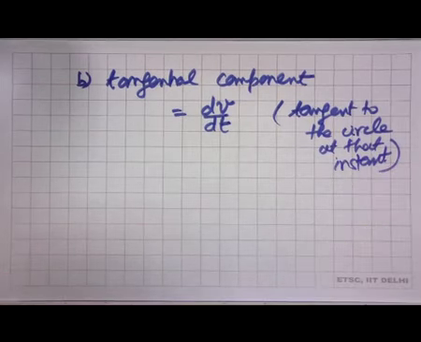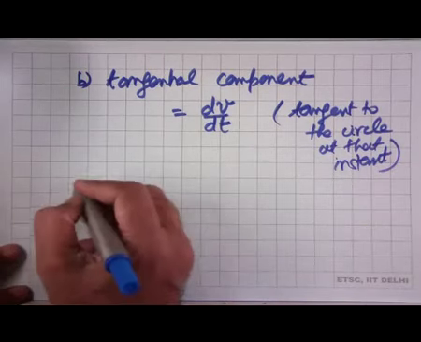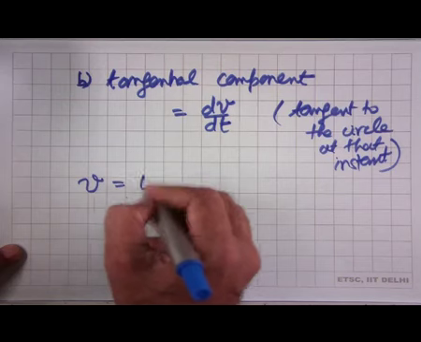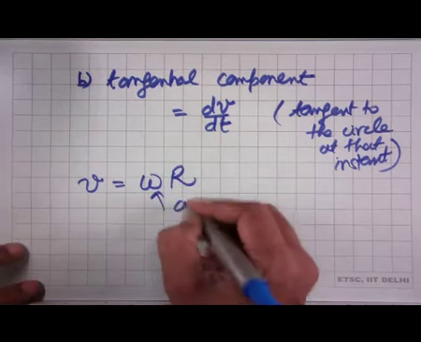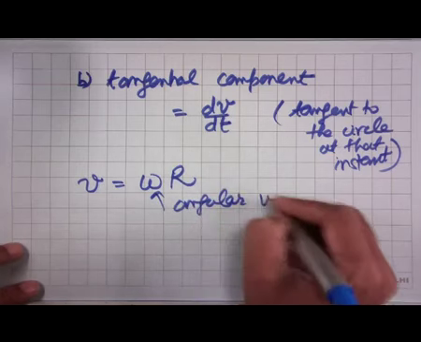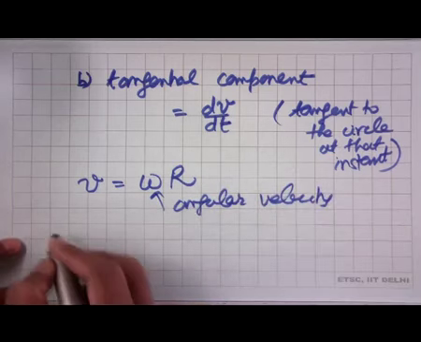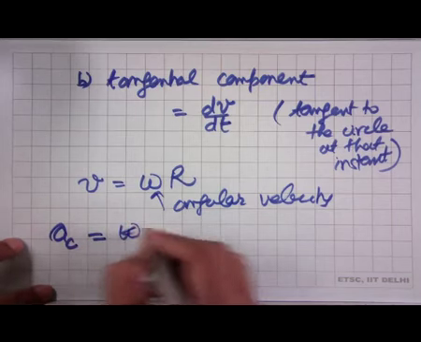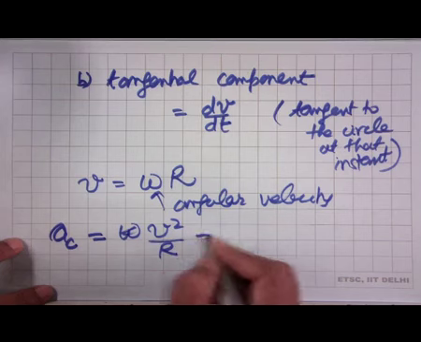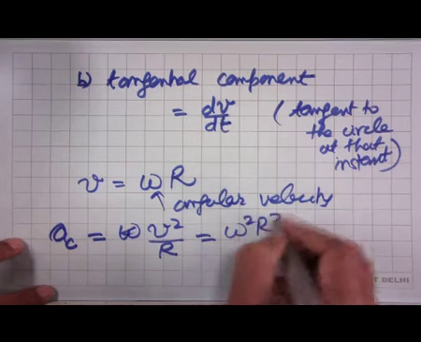Now, also what we have seen is that we have defined angular velocity: v can be written as omega times r, and this omega we wrote as the angular velocity. So, therefore, now the centripetal acceleration can be written as v square upon r, so that will be equal to omega square r square upon r.